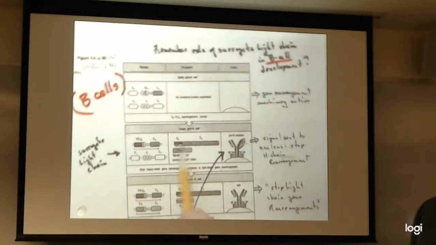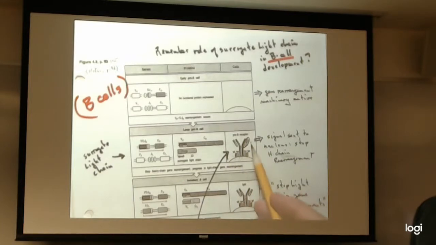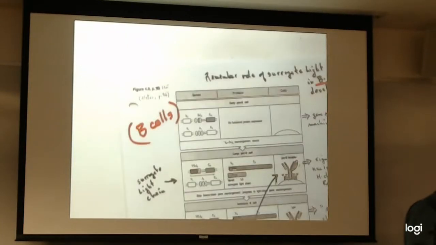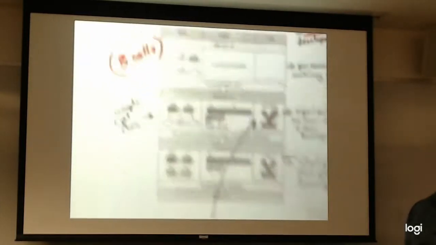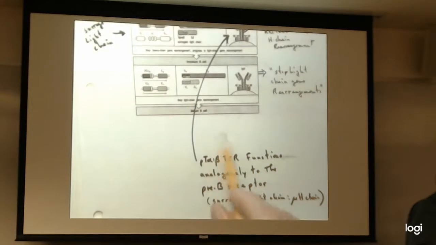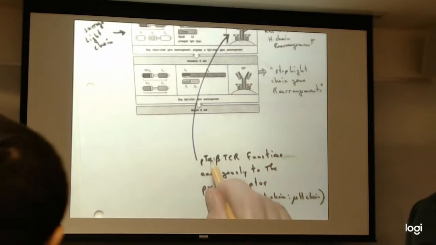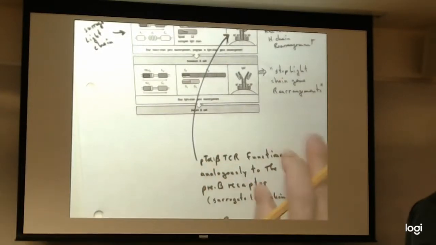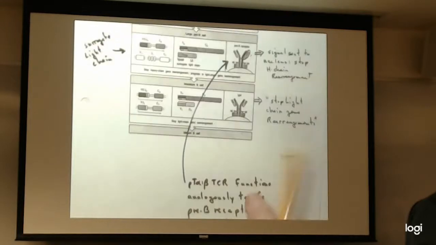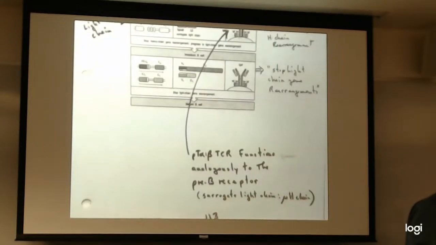These resemble essentially a light chain, and they're expressed together with a heavy chain, and that makes these cells able to proliferate. And for the pre-T alpha, remember we made a beta chain for the T cell receptor, and we expressed it at the surface with a pretend alpha chain. So the pretend alpha chain functions analogously to the pre-B cell receptor with the surrogate light chain.